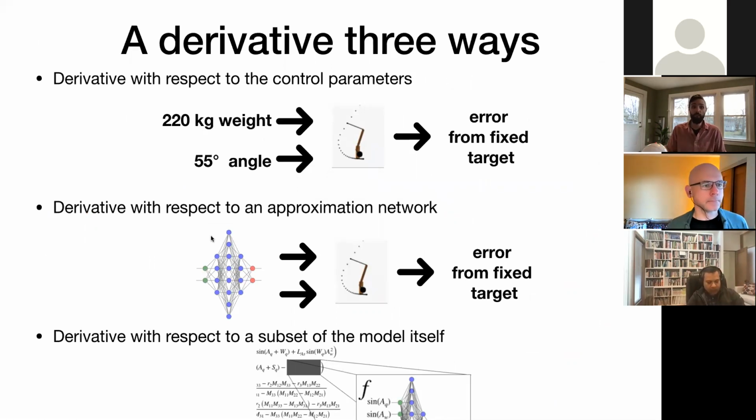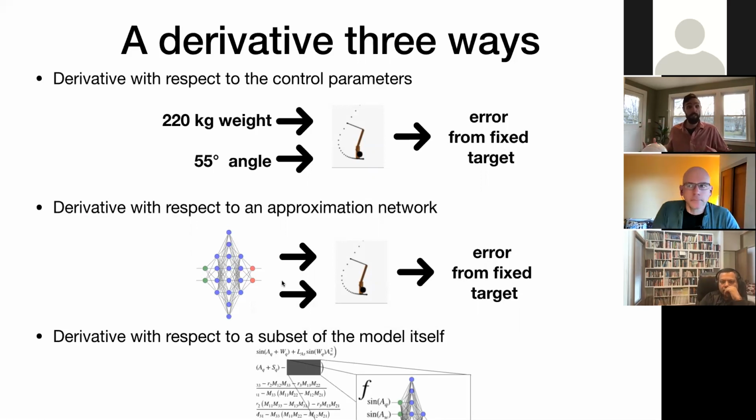We can take the derivative with respect to an entire approximation network, right? And change the weights of an entire approximation network to give us a quick approximation of the inverse problem. So that way we can go from our ideal outputs to the control signal. It kind of works backwards for us.